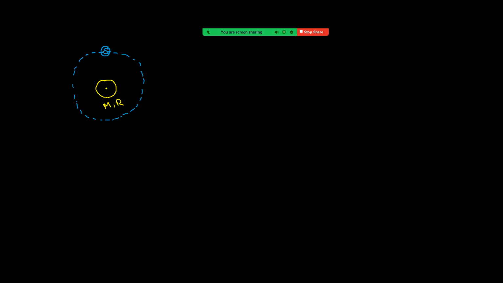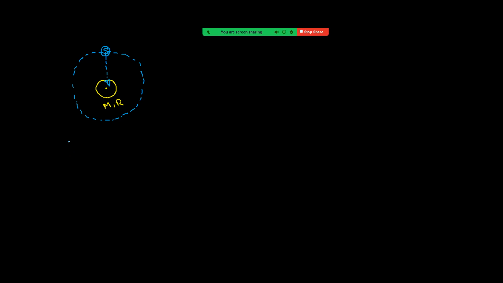So here we have to focus: when a body is following a circular path, there must be a centripetal force. And you can see this planet exerts on it a gravitational force which is towards the center of the planet. This force is providing the centripetal force.